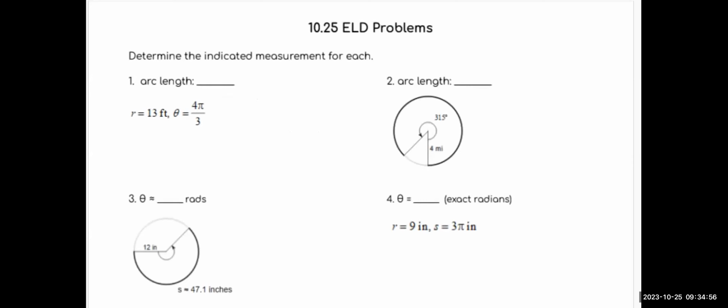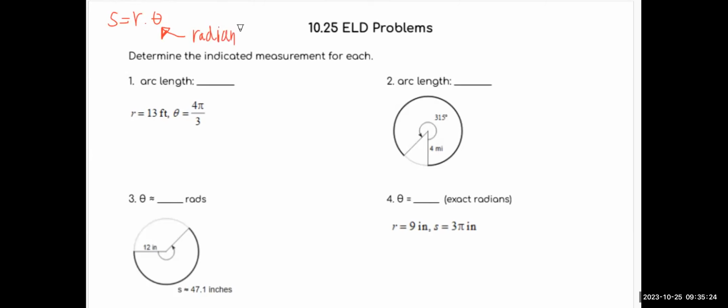So for the first 4, arc length, there is a formula that we can use for these. Remember, S equals R times theta. Okay, so we can multiply the radius of the circle by the angle measure, but that angle measure does need to be in radians.